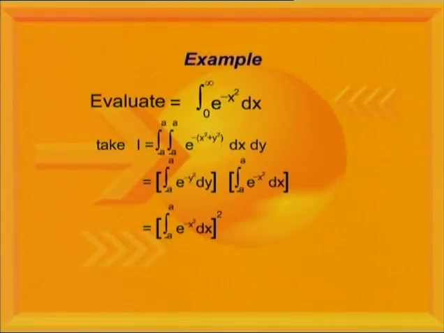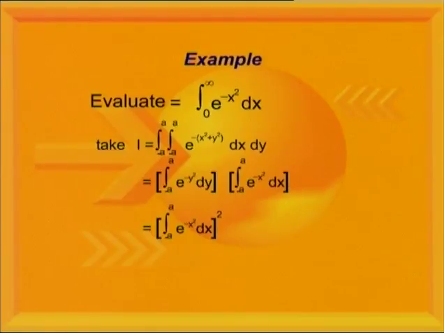The very first factor is equal to integral of e raised to power minus x square with respect to x from x is equal to minus a to a, and the second factor is the same, so we can write it as the square of this.